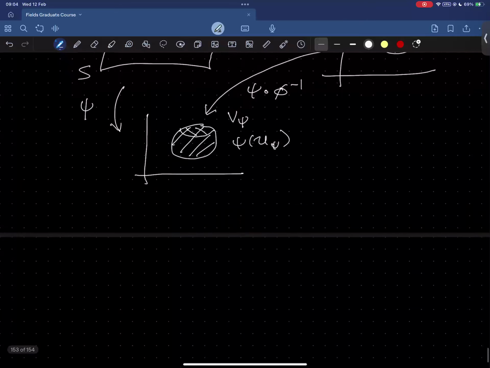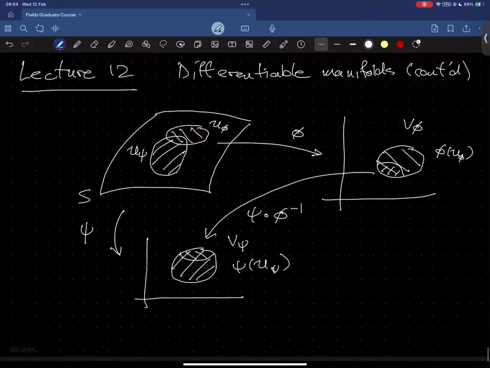But I have some additional conditions, and I wrote these down last time, so I'm not going to rewrite them carefully again. There were two conditions. One is that the images of the overlaps had to be open in V psi, and similarly this one had to be open in V phi, and this one had to be open in V psi. So these double hatched regions down here are open. That's one requirement.